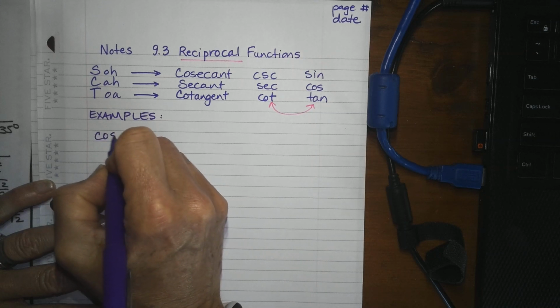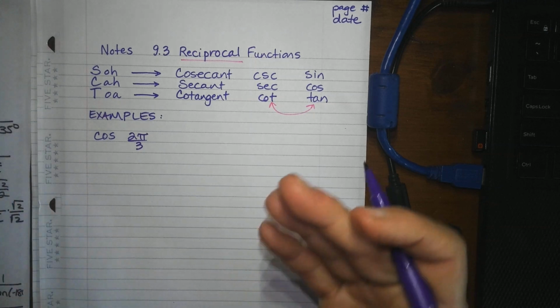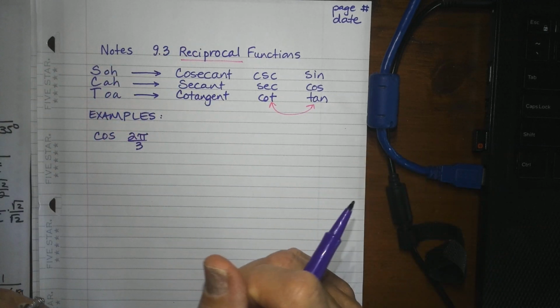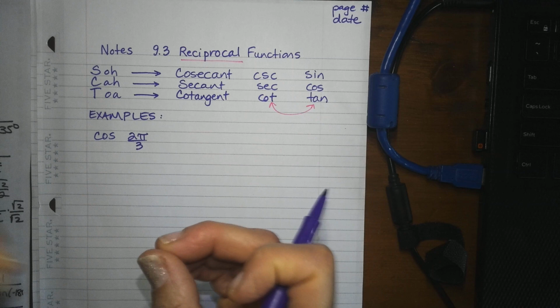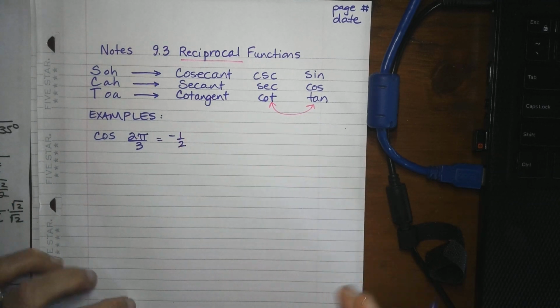If I have cosine of 2π/3, I look in my unit circle. Again, I don't have it in front of me, but you could turn it all around and you get negative 1/2.